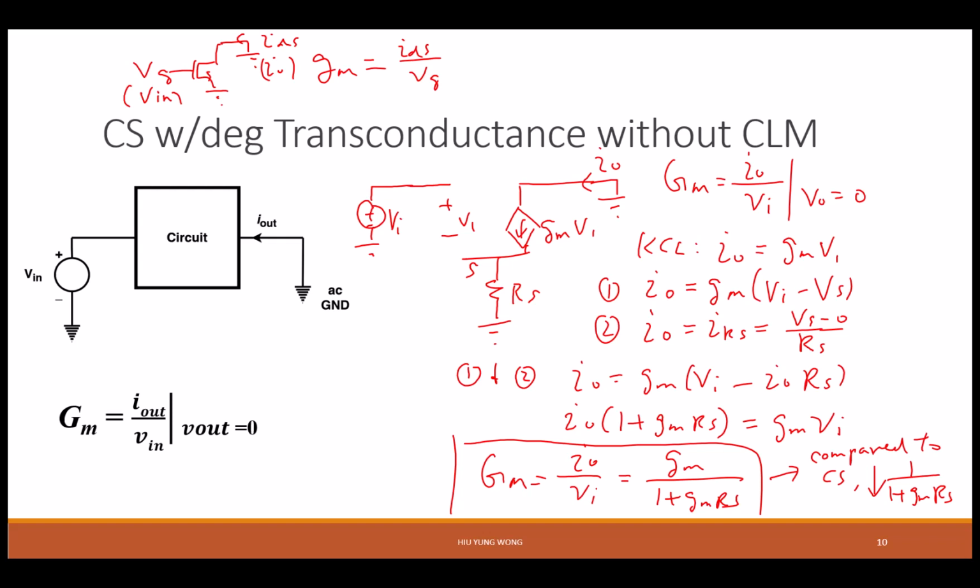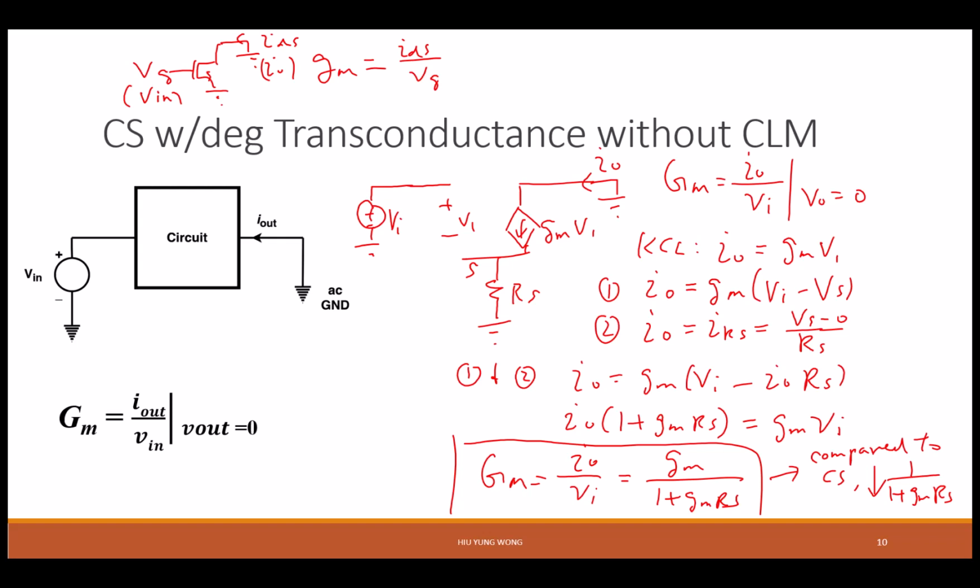What is V1? Vin minus Vs. Thank you. Let's call this S. So I still need to get rid of Vs, right? But I also have Iout equals the current through Rs.